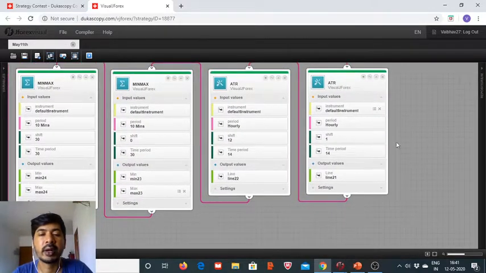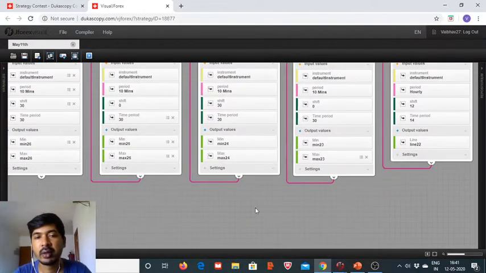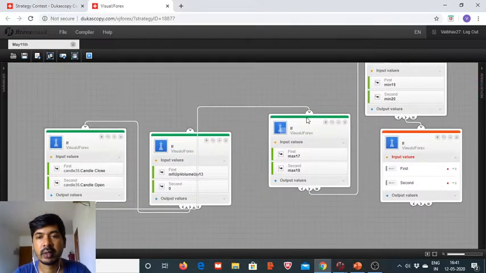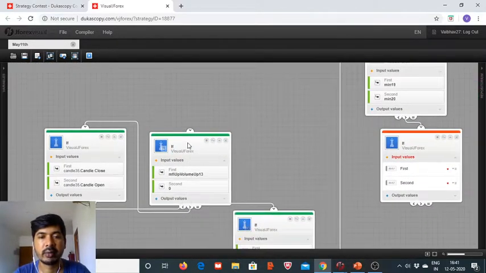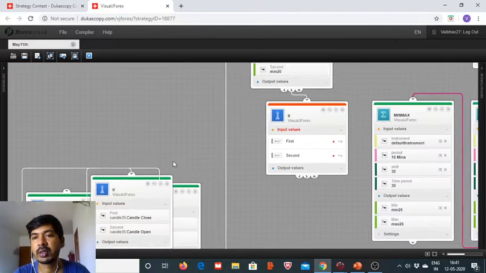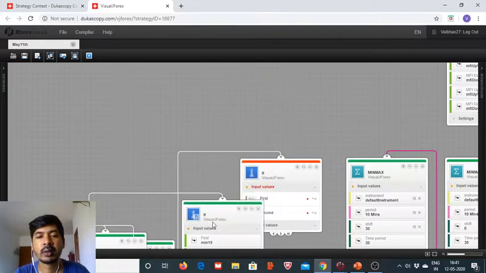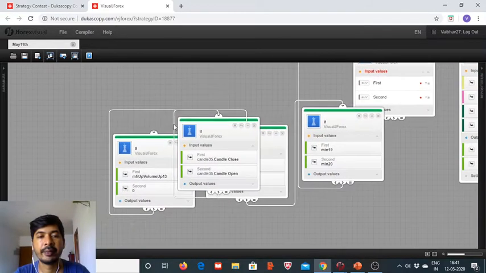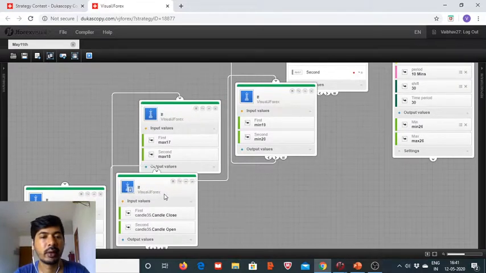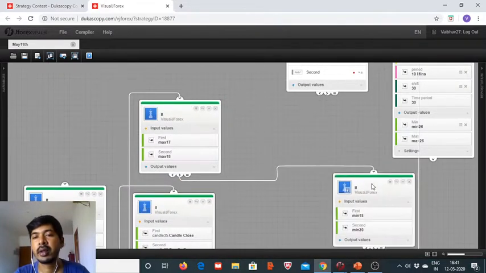So now starts the calculation part. So let us first get these blocks arranged and then we will start with the calculations to help us guide in our endeavor.